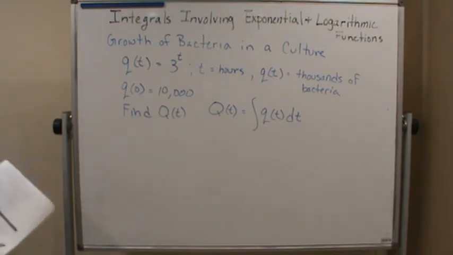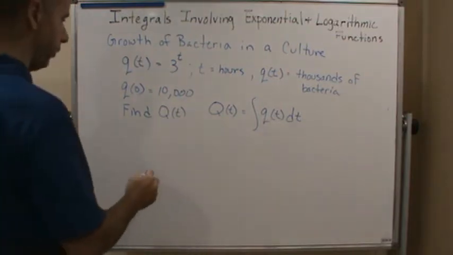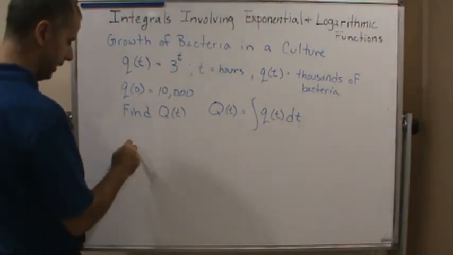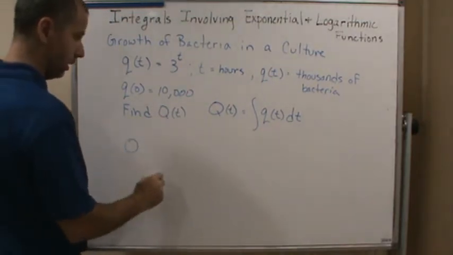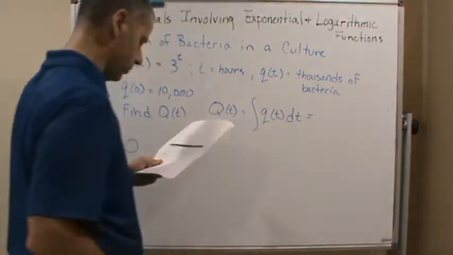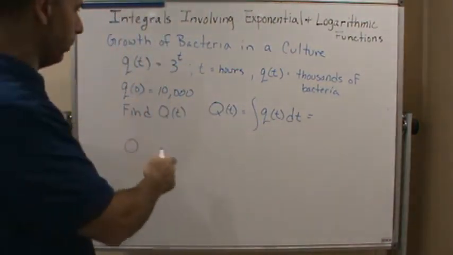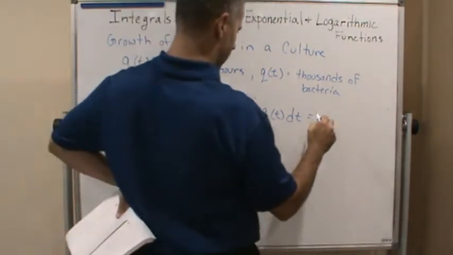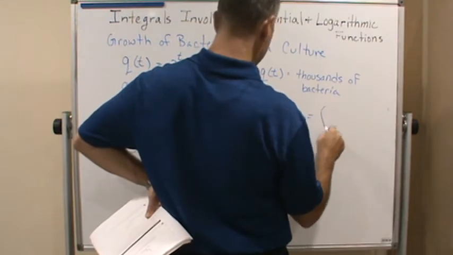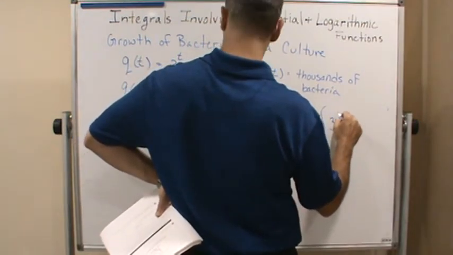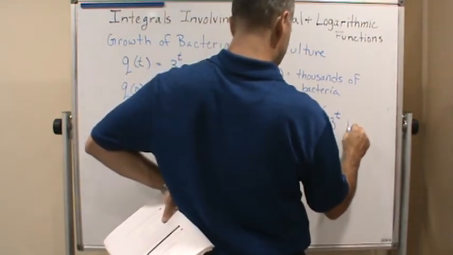Okay, that should make sense. So that means all we're going to do is substitute in 3 to the t. So this is going to be the integral of 3 to the t power dt.